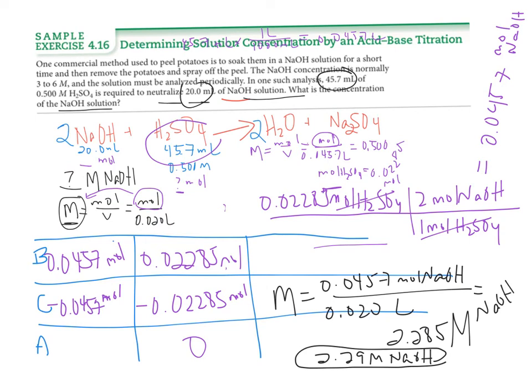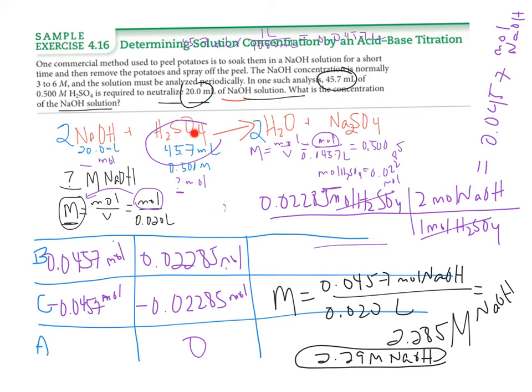So let's do that. The point at which you add exactly enough sulfuric acid to react with all of the sodium hydroxide that you have, that is your equivalence point, because that is when you have added an amount of sulfuric acid that is equivalent to the amount of sodium hydroxide, so that all the sodium hydroxide can be used up.